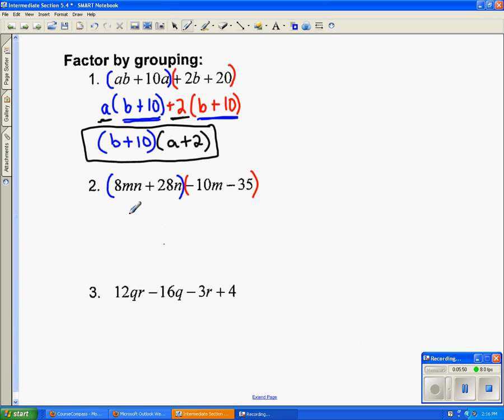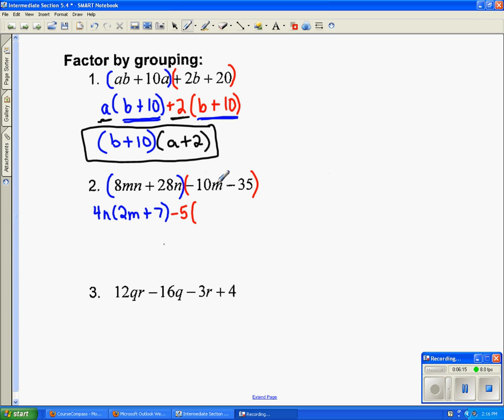Number 2, so I'm going to group the first two, group the second two, and in blue, these both have a 4 and they both have an n. So if I factor out a 4n, I would say 8 divided by 4 is 2, and if I take n out, I'm left with m. 28 divided by 4 is 7, and the n's cancel each other out. So in red, they both have a negative 5.